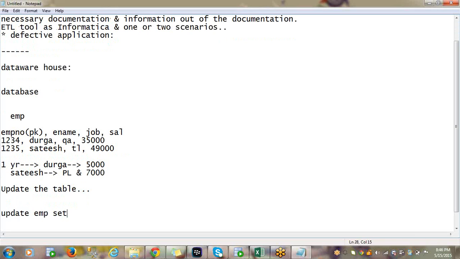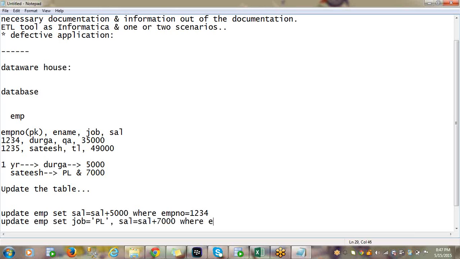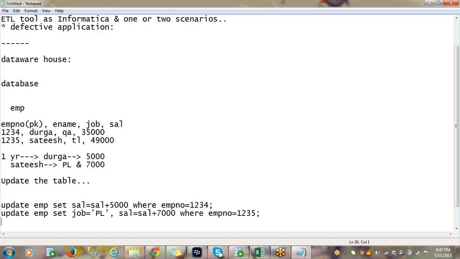Update EMP set salary equal to sal plus 5,000 where EMP number is equal to 1234. Likewise, update EMP set job equal to PL, comma, sal equal to sal plus 7,000, where EMP number is equal to 1235. Now, if I execute these two queries, what will happen to my data?